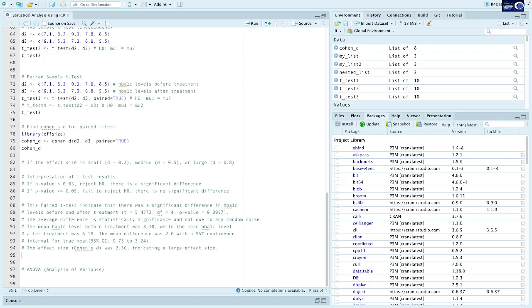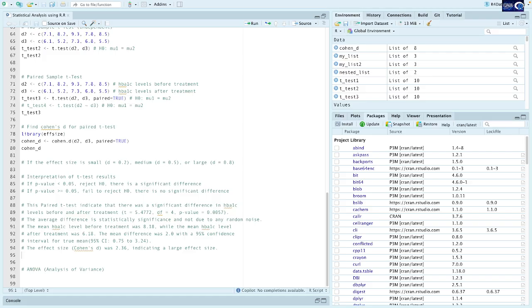Here the p-value is again 1. So as we discussed earlier, it is not less than 0.05. So there is no significant difference in all the categories. Okay, Fisher's test is also satisfying that.